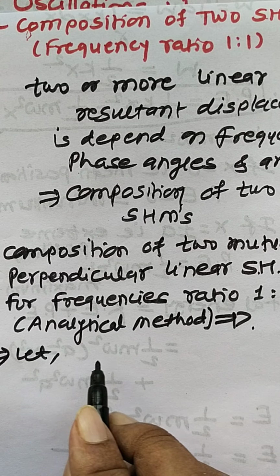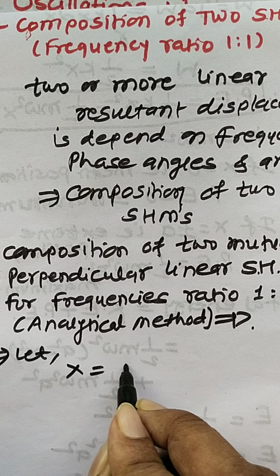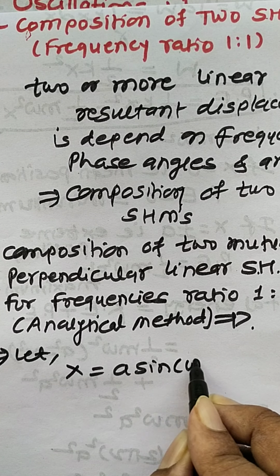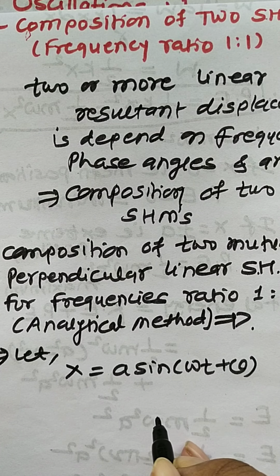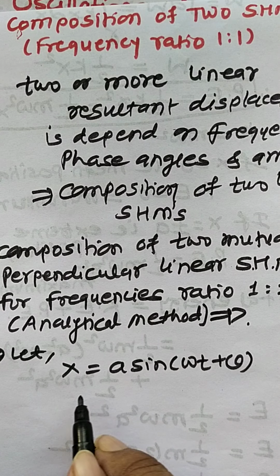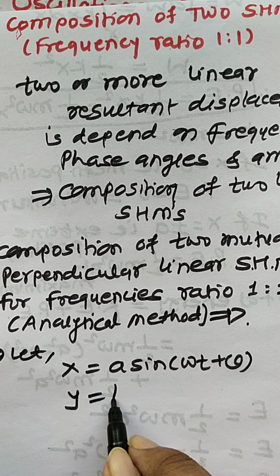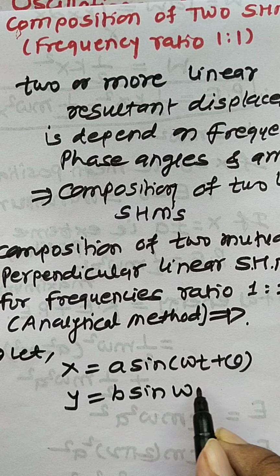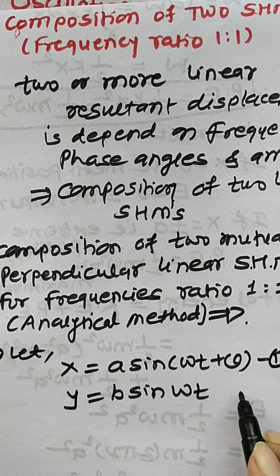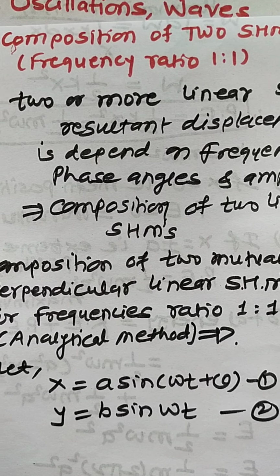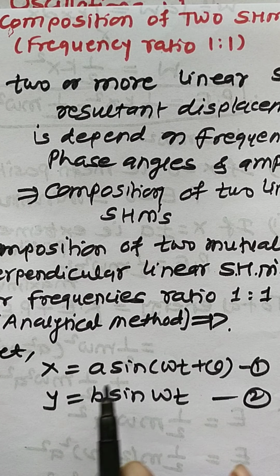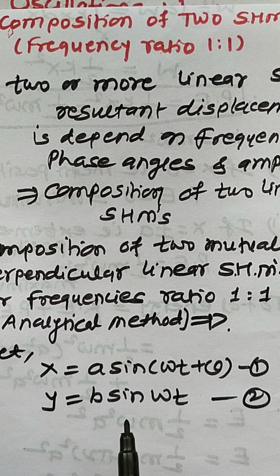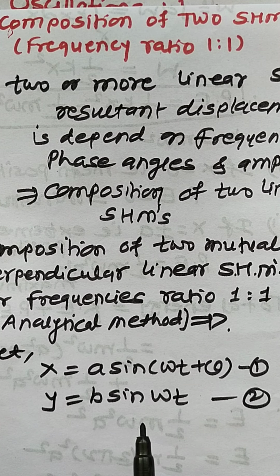What are the two S.H.M.s? x is equal to a sin(omega t plus theta), then y is equal to b sin(omega t). This is equation 1, this is equation number 2. Both the S.H.M.s have the same period 2 pi upon omega and the same frequency omega upon 2 pi.